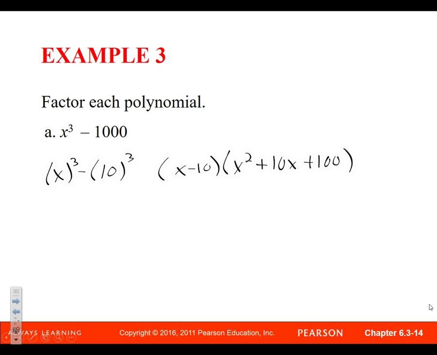It would be b squared minus 4ac, so it'd be 100 minus 400. That'd give you a negative number, so not factorable. All right. Questions here?